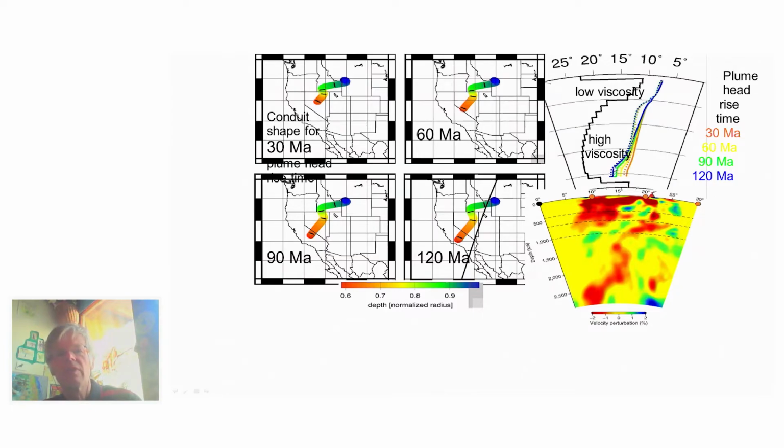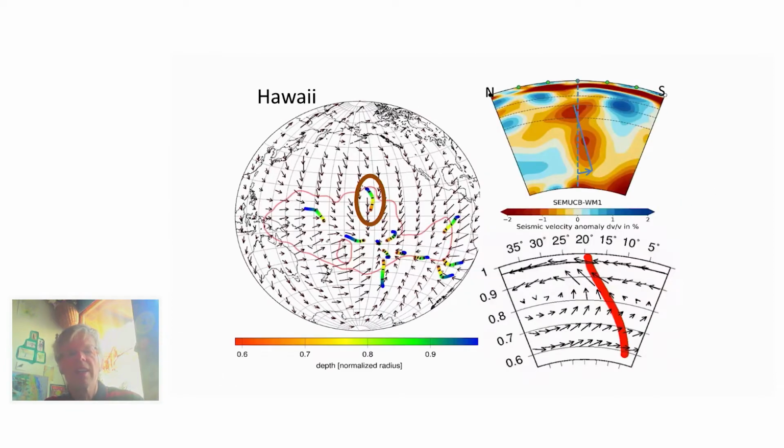So if you have a large plume head rising time, you can get both the amount and the direction of the tilt right. So for this case, it works quite well.